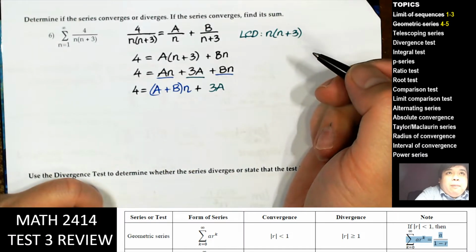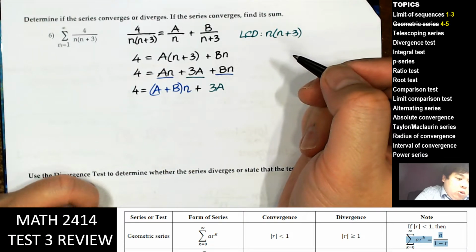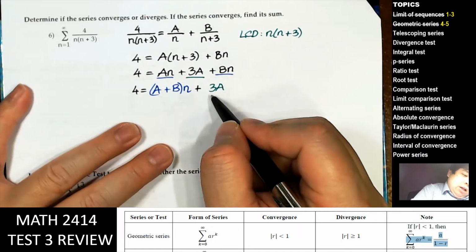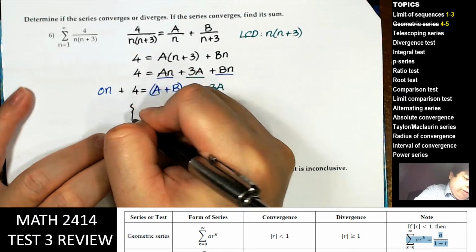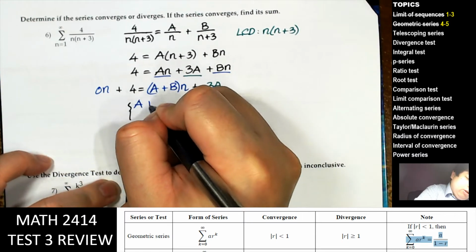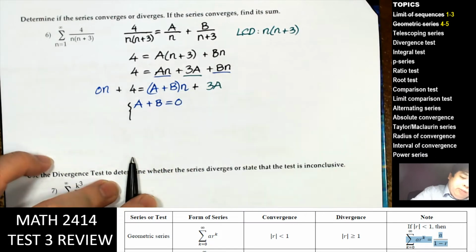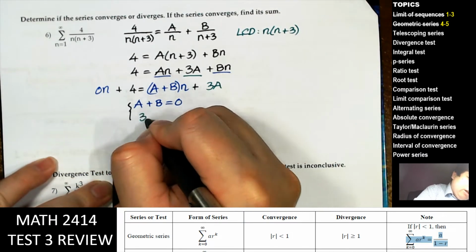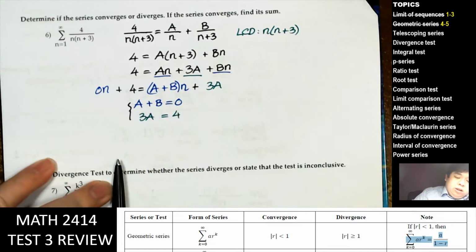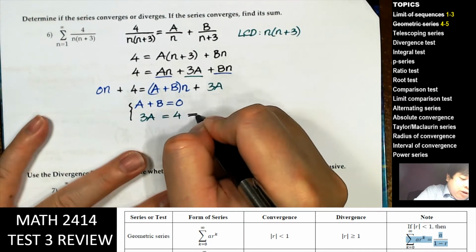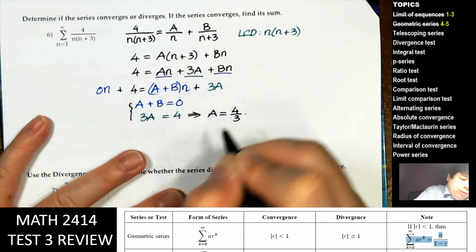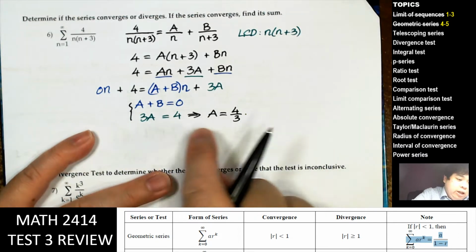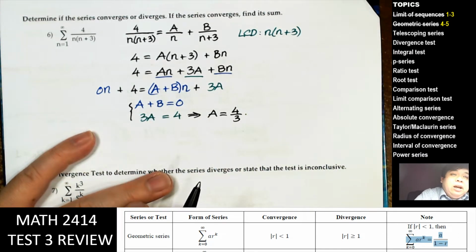So that's what we have. When we look at this, we match the coefficients. We have no n on this side. So we have A plus B equal to 0 and 3A equal to 4. We don't need the calculator here, because we can say A is equal to 4 over 3. If A is equal to 4 over 3, we put it back into A plus B equal to 0.